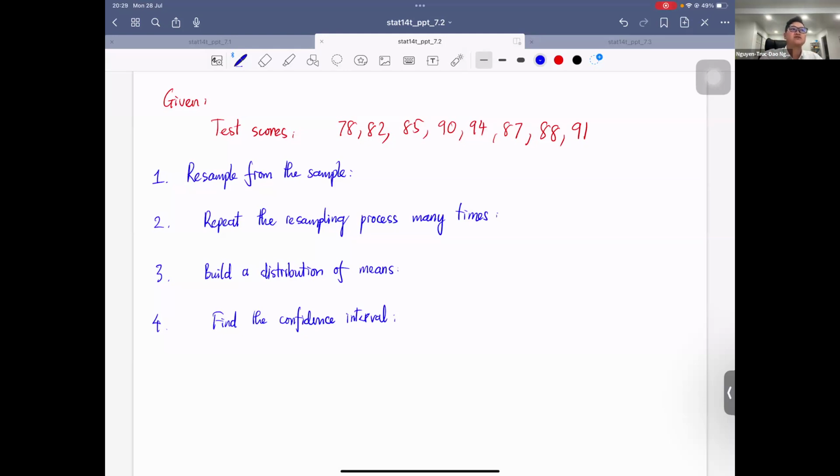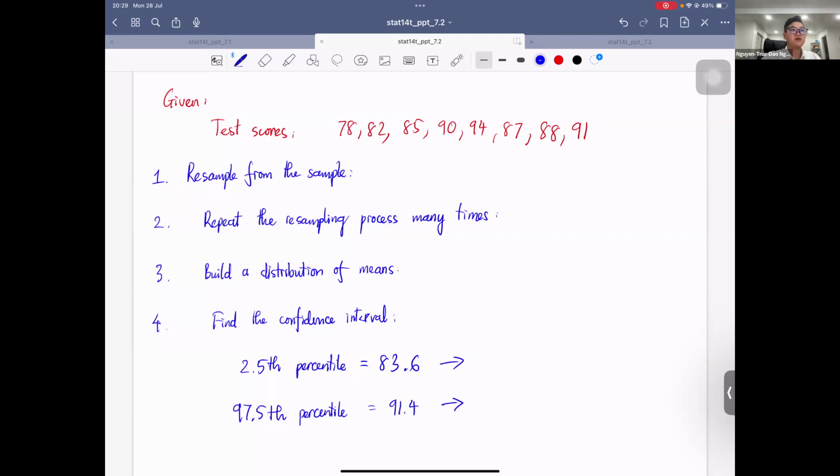The result from the bootstrap: the 2.5 percentile is 83.6, and the 97.5 percentile equals 91.4. So we can do the interpretation, because this is the lower bound, this is the upper bound, right?